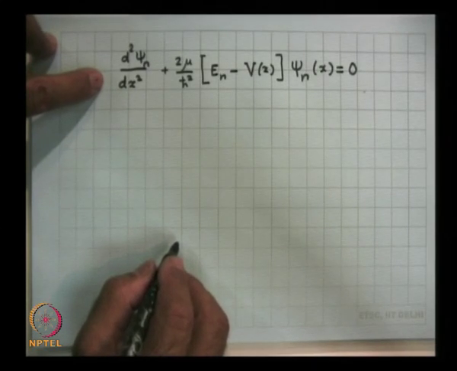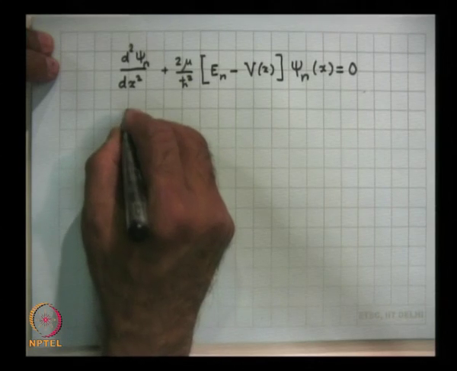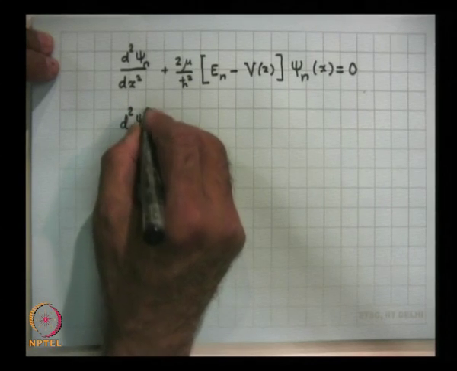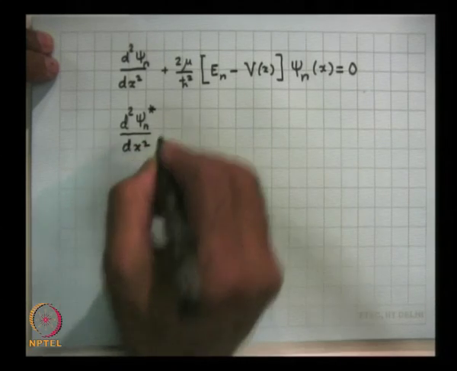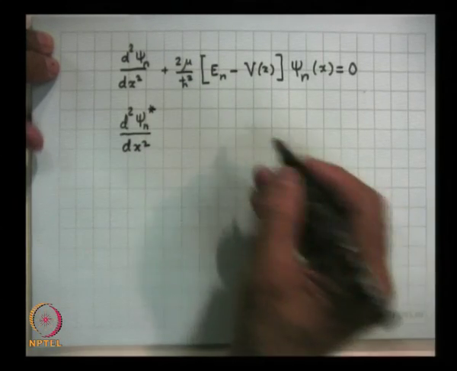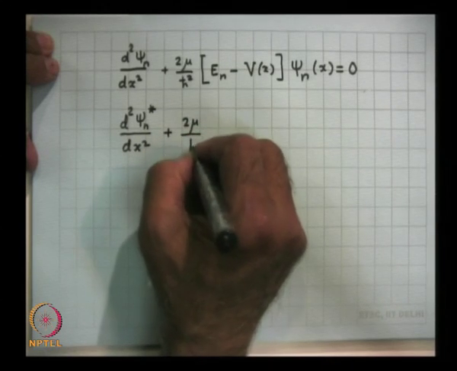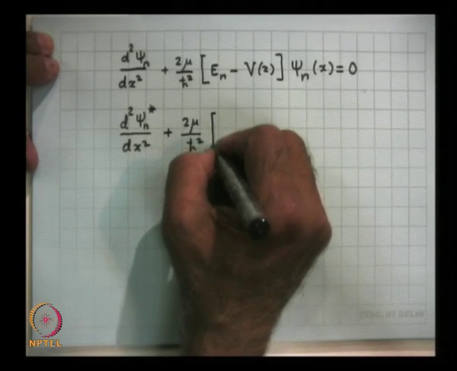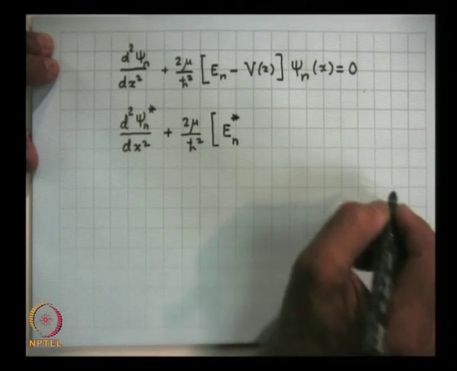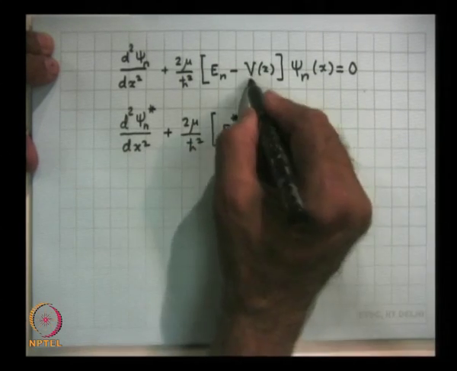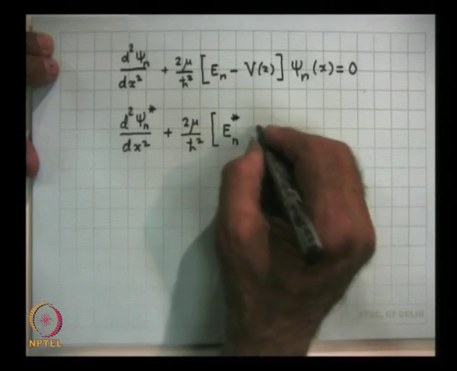I now write the complex conjugate of this equation. So, if I take the complex conjugate, we will have d2 psi n star by dx square. Mass and h cross are necessarily real quantities. So, you will have 2 mu by h cross square, and let us suppose E n can take complex values, E n star, but the potential energy function is a real function of x.